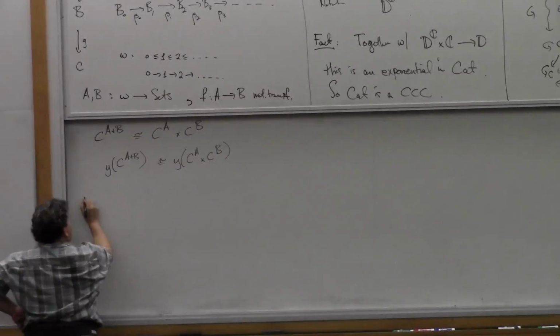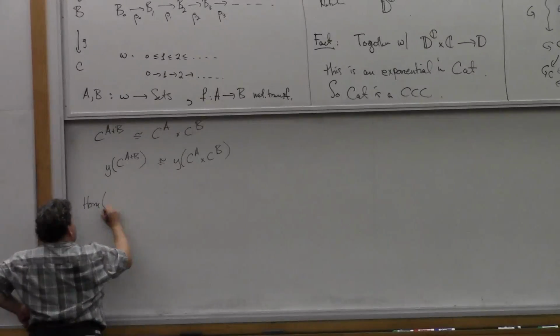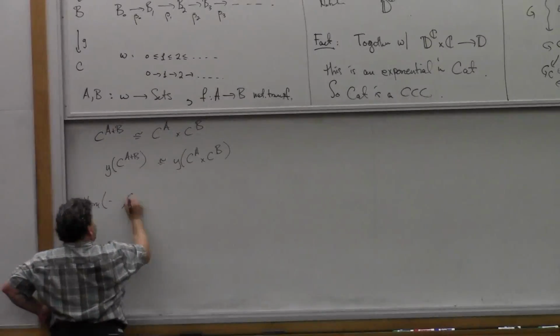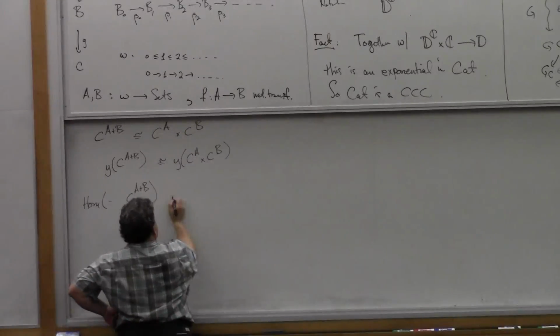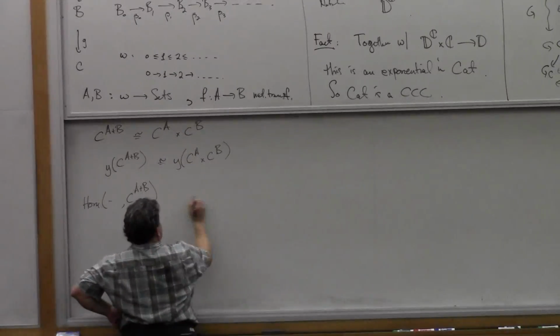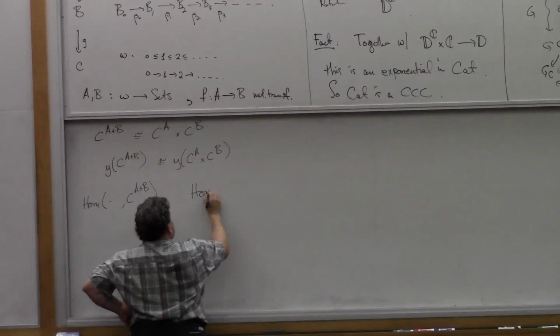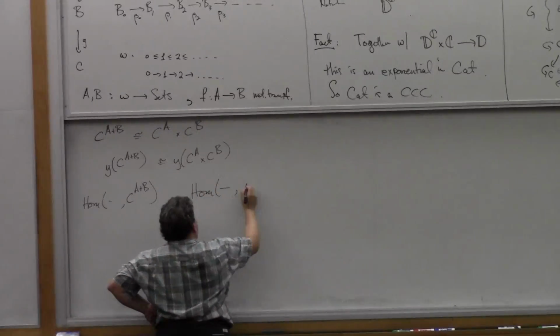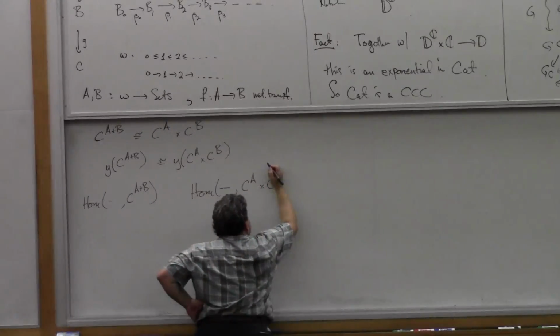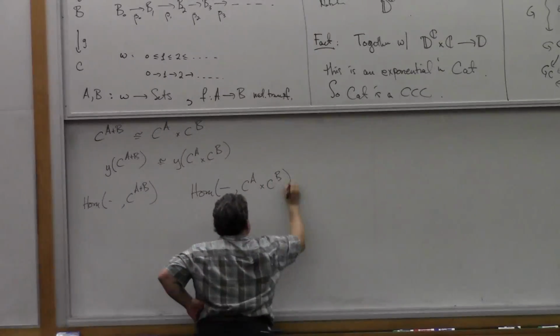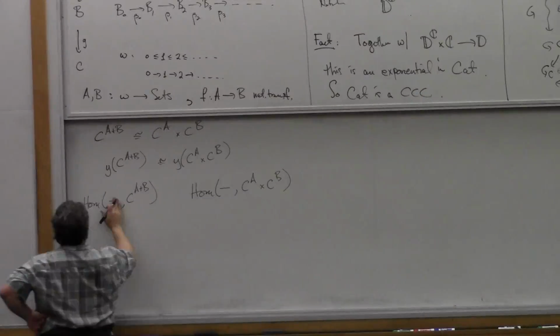Well, what's this? This is Hom blank C to the A plus B. And this thing, which it's supposed to be isomorphic to, is Hom blank C to the A cross C to the B. So that's what I'm trying to show. So let's give it an argument.